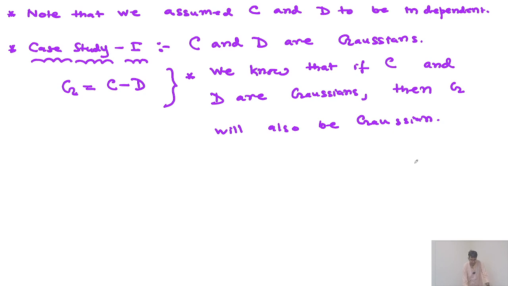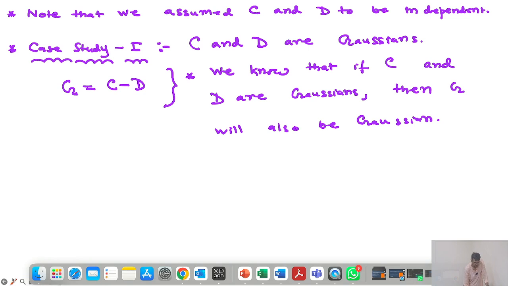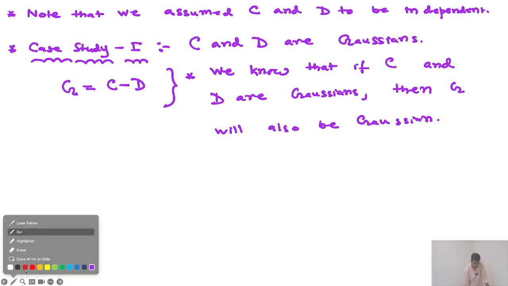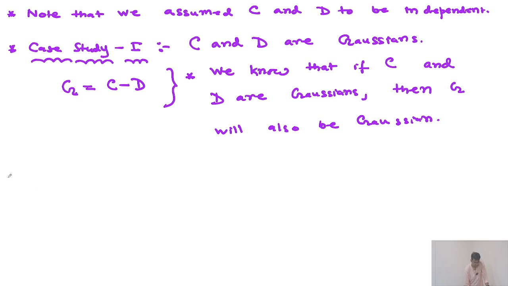Okay. So considering Gaussian of C given, let's call it mu C and sigma C square.